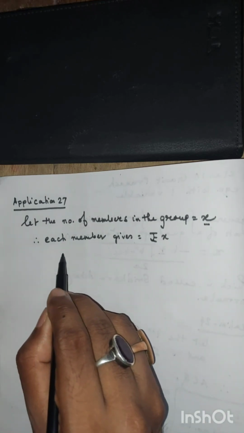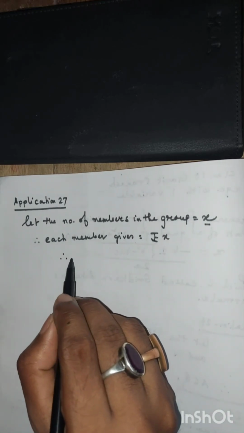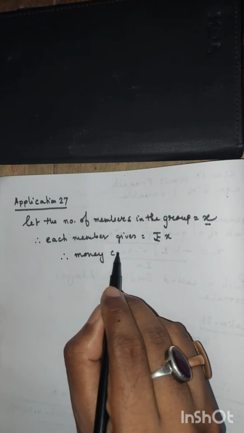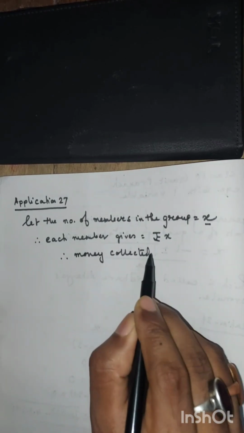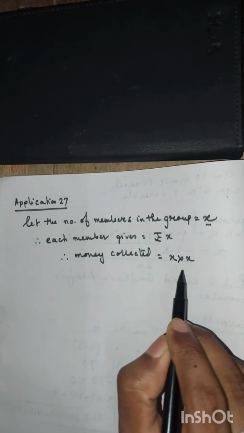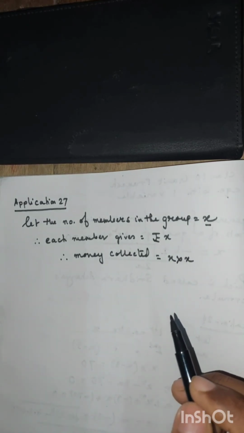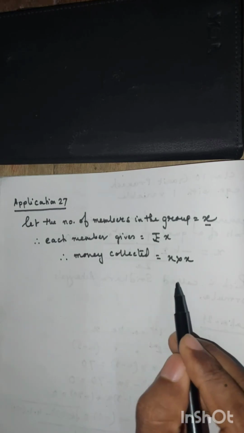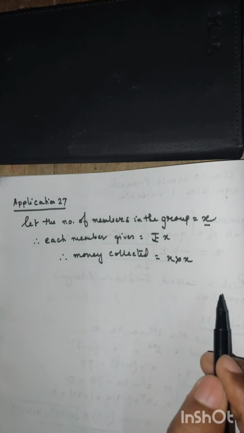Therefore, money collected is x into x. Each one gives rupees x, so x number of members, that is why x into x. Money collected is x into x.